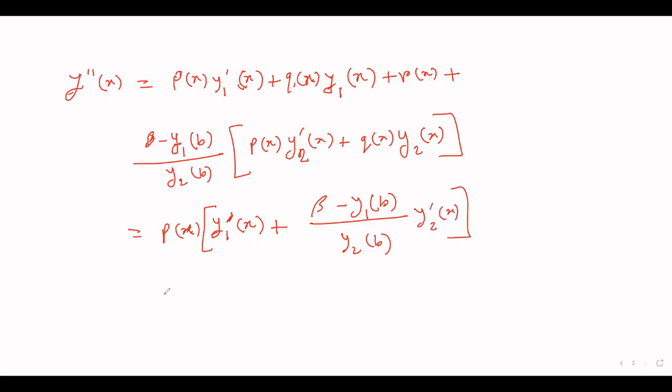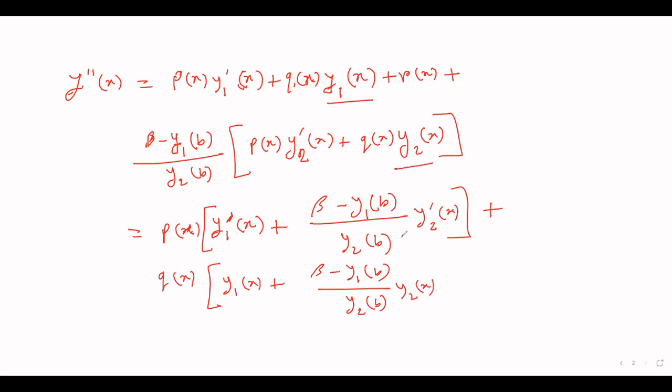We are done with p of x. Now let's deal with q of x. So we have y1 of x here, and we have beta minus y1 of b over y2 of b times y2 of x here. And we are also done with q of x. All that remains is a single r of x from here.